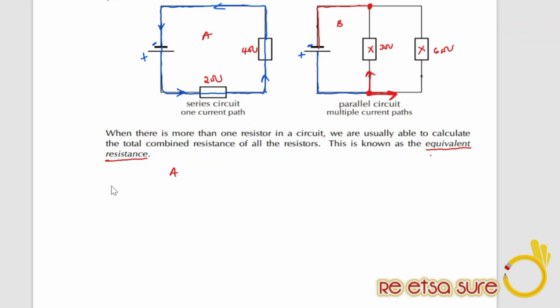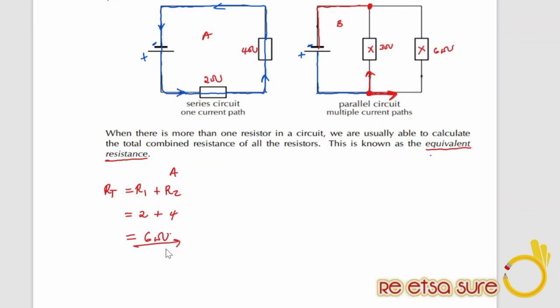So the formula we use for the total resistance of a series circuit is RT equals R1 plus R2, because we only have 2 resistors. R1 is 2 plus R2 which is 4. Therefore, the total resistance of this circuit is 6 ohms.